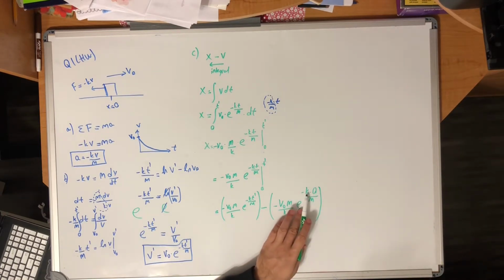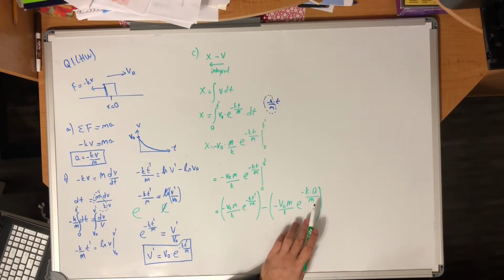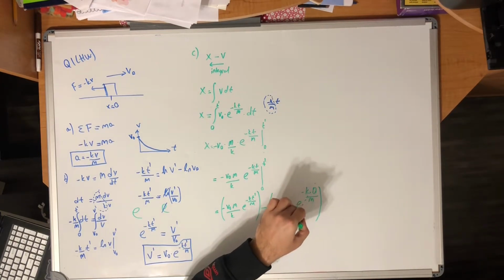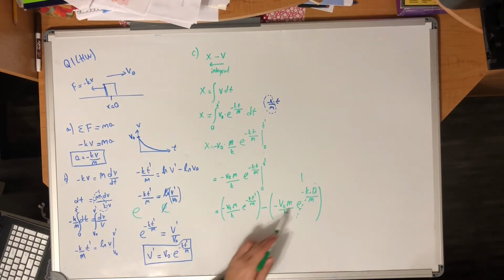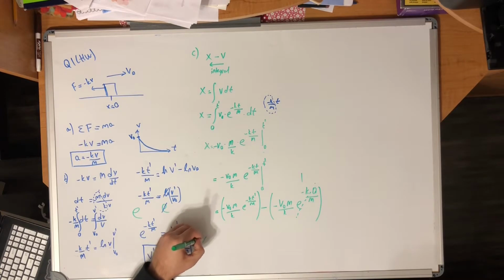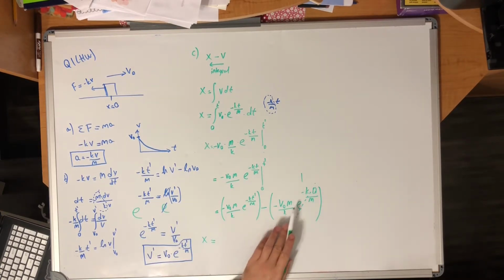0 times k is 0, 0 divided by m is 0, e to the power 0 is just 1. And 1 times negative v0 m over k is negative v0 m over k. You have negative negative, so you're going to have positive. So my position function will become what? Again, 1 times this is just this, and then you have negative negative, so that will become positive.